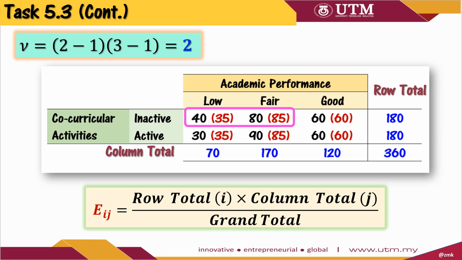For example, if you know the value of E11 is 35, of course, instantaneously you will know the value of E21 by simply taking 70 minus E11, which is 35, giving you the value of E21, which is also 35, without even needing to use the Eij formula.